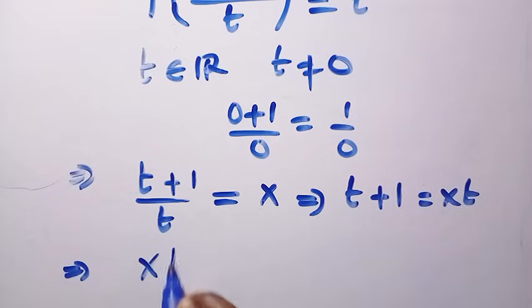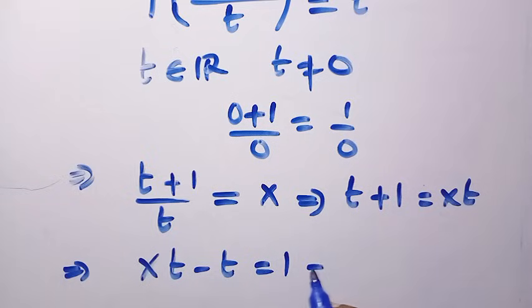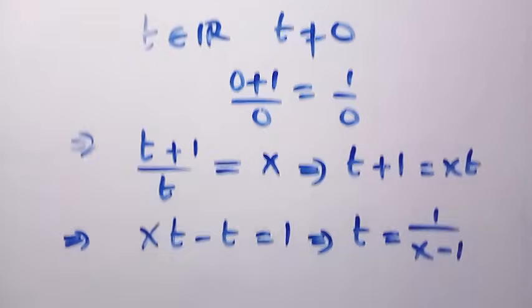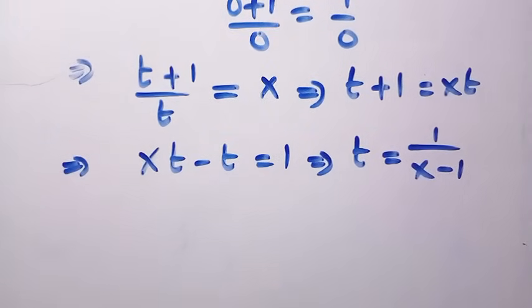So we have xt minus t equals 1. Factoring out t from here and dividing both sides by x minus 1, we are going to have t equals 1 divided by x minus 1. Then the next is we replace back t plus 1 over t with x and t with 1 over x minus 1.